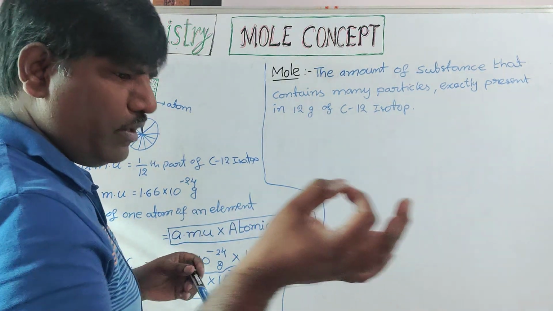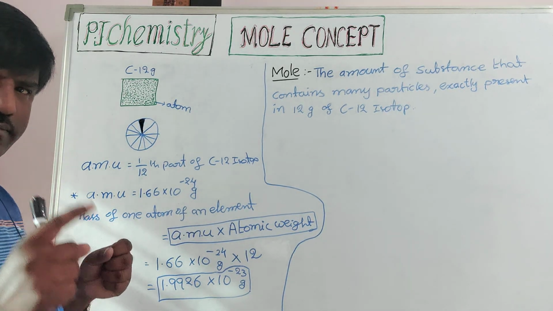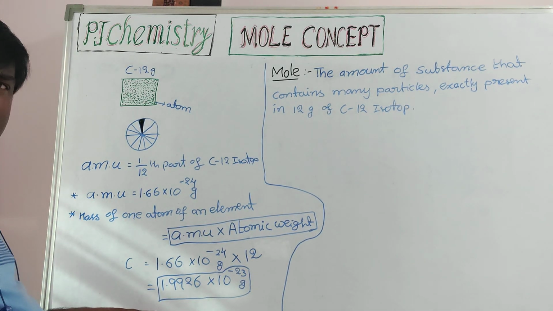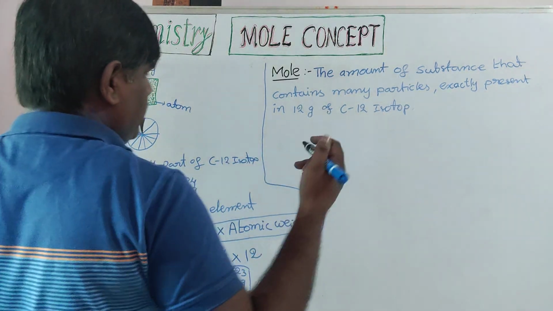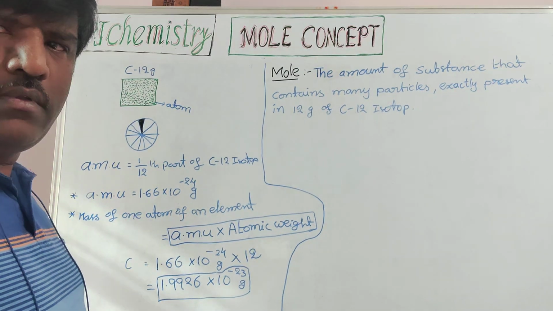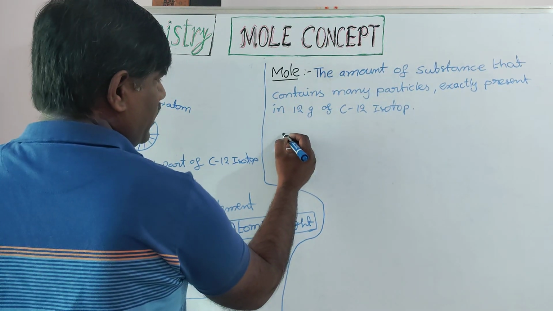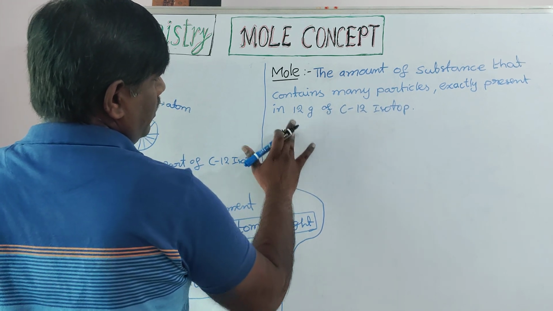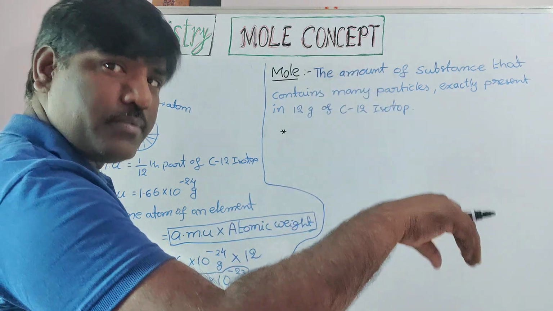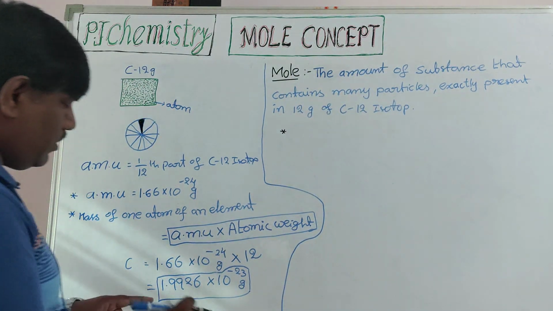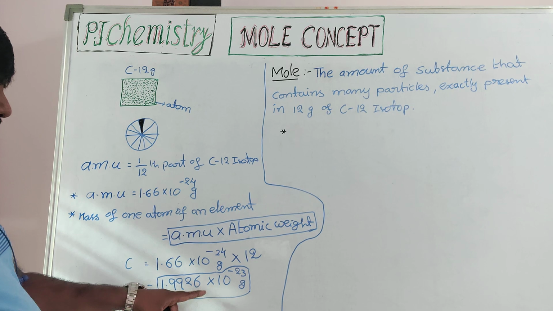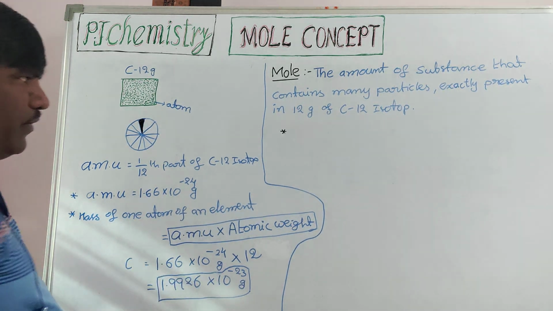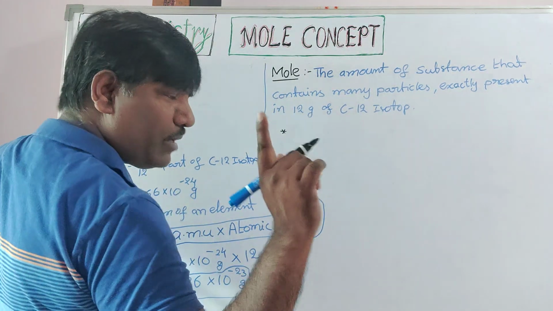Now, immediately our calculation. Mass of one atom of an element, carbon, we already got here. How much? Or otherwise, we are going to calculate how many atoms are present in 12 grams. So 1.9926 into 10 to the power of minus 23 grams is the mass of one atom of an element.